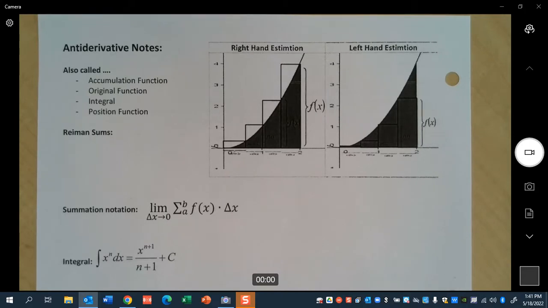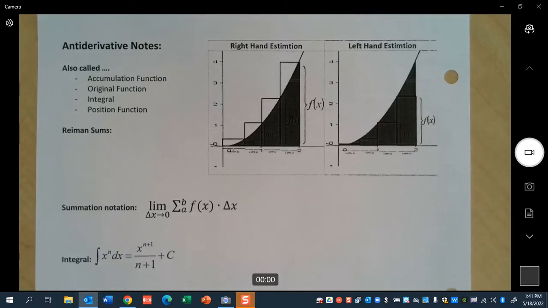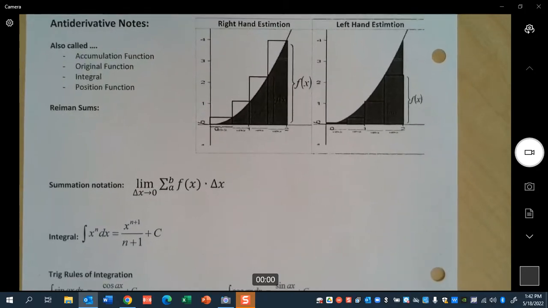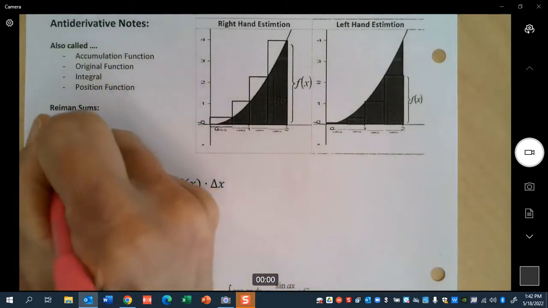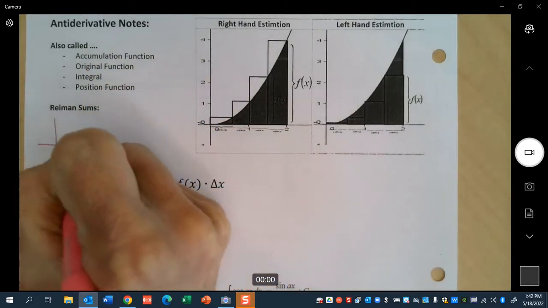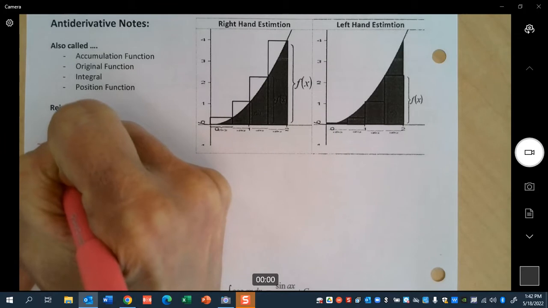When it came time to making these notes for our conversations on Riemann sums, now granted this picture didn't copy real well, so go ahead and grab a color pencil or do whatever you need to do to make sure that you understand. And the one thing that is so important is if you're looking at a graph, and I'll draw it twice.